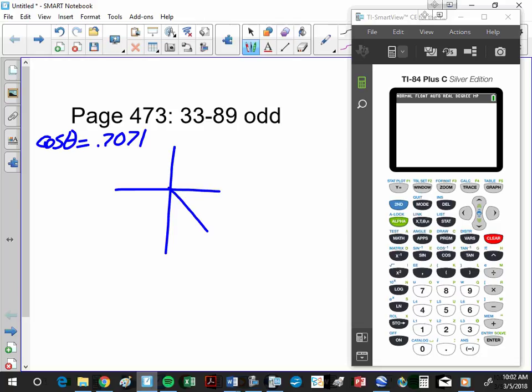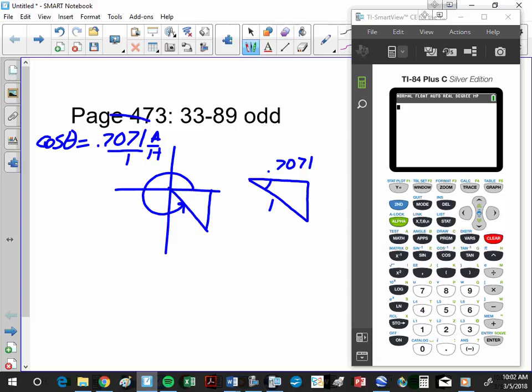Meaning, how big is that angle there? Okay. How would I figure this out? So I could take this triangle here and say A over H. So I could say 0.7071 and 1.